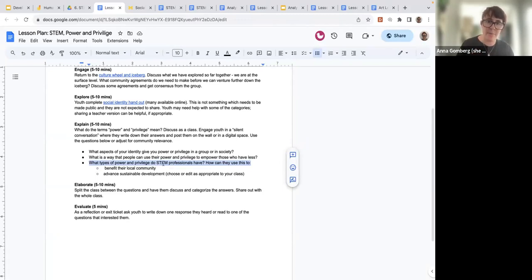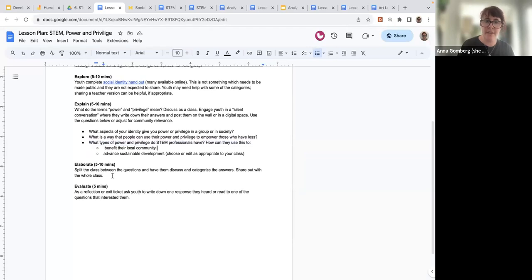So thinking about STEM professionals, if you've just met some or done that activity where you see all the different people and read about their jobs, how can these STEM professionals use their power and privilege to either benefit their local community, or advance sustainable development, if you're focusing on something like building a solar suitcase and sending it to Kenya, or some other thing that's relevant to your classroom.